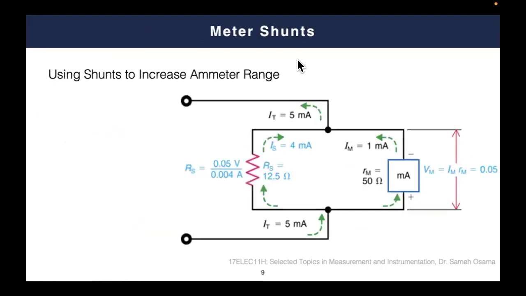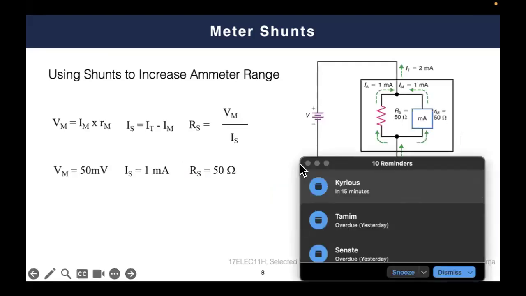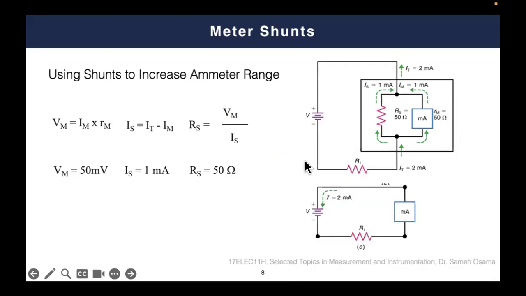As you see here, whenever I decrease the value of this shunt resistance, I minimize the overall resistance value of the ammeter, and accordingly, I minimize the overall impact of the noise, of the error, because simply, as you can see here, you are adding the resistance in series.